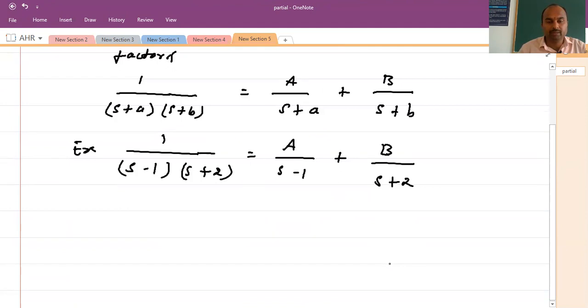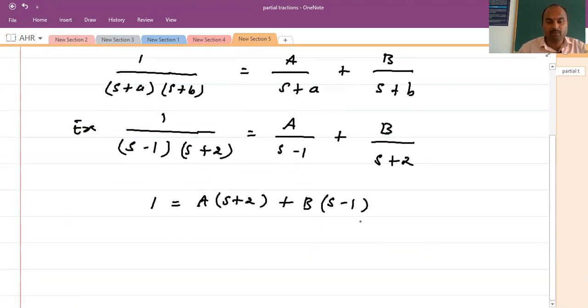We'll simplify it. Throughout this equation, multiply by s minus 1 into s plus 2. So left hand side becomes 1. Here s minus 1 gets cancelled. We'll get a into s plus 2 plus b into, here s plus 2 gets cancelled, we'll get s minus 1.